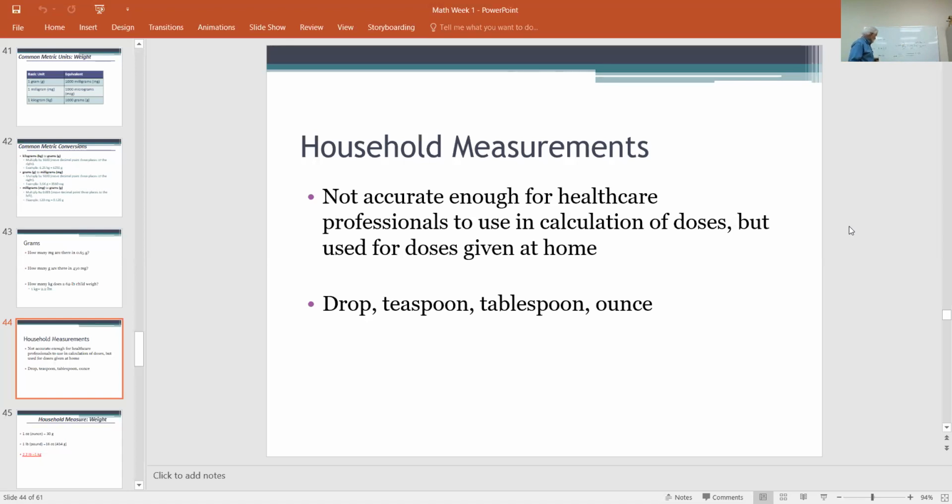In terms of weight, we have milligrams, 1/1,000th of a gram, and some of our drugs are so potent that they're dosed in microgram amounts, meaning 1/1,000,000th.